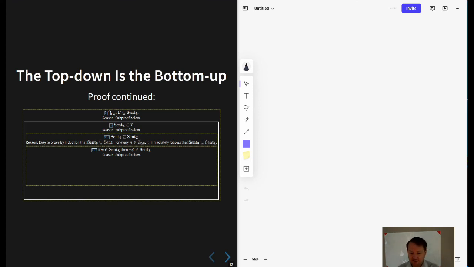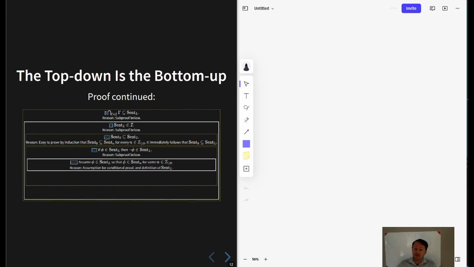We'll take phi to be any element of cent L. Then by definition, as a union over all cent n, phi must be in some cent n for some non-negative integer n. Because phi is in cent n, by definition of cent n plus 1, negation phi is in cent n plus 1. And because cent L is the union over all of the cent n's, cent n plus 1 is a subset of that.